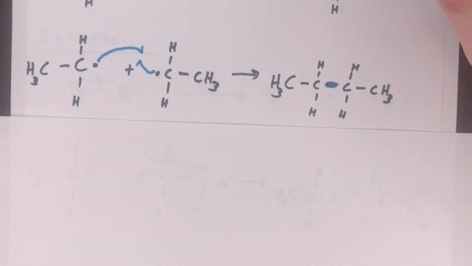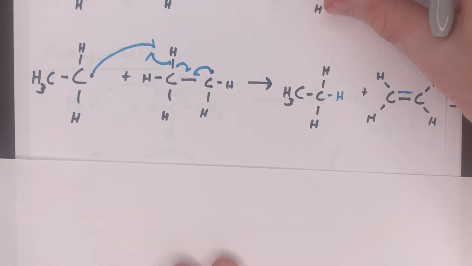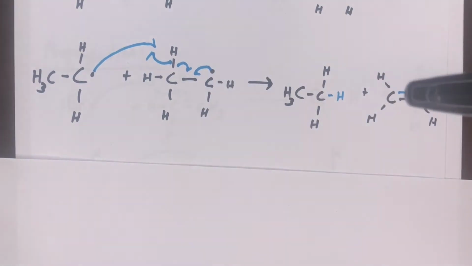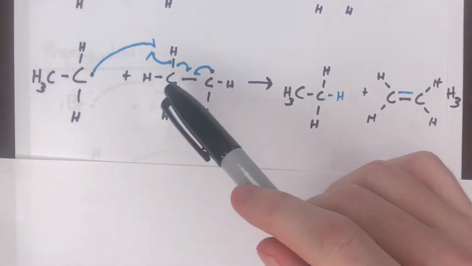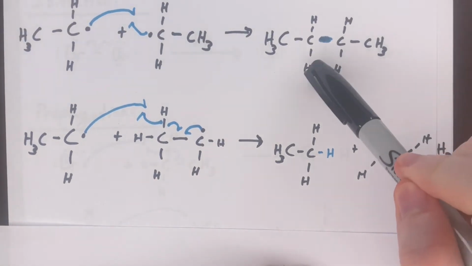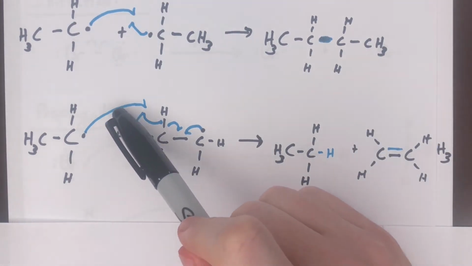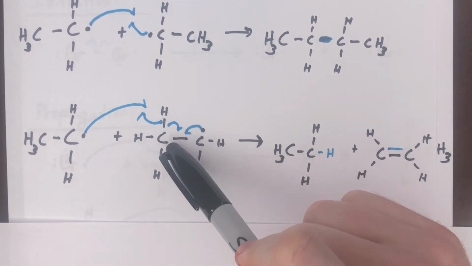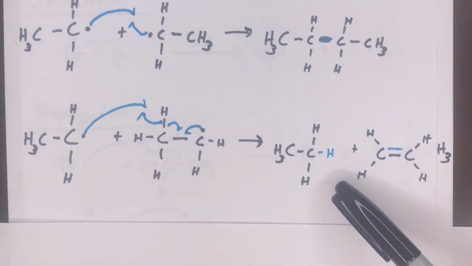One last thing that you can do is react two carbon radicals again together, but this is the most tricky because instead of just directly reacting the two radicals together to make the carbon-carbon bond like we see here, we are now going to take one of the carbon radicals and react that with one of the carbon-hydrogen bonds and form a new carbon-hydrogen bond. So that is what's shown here.